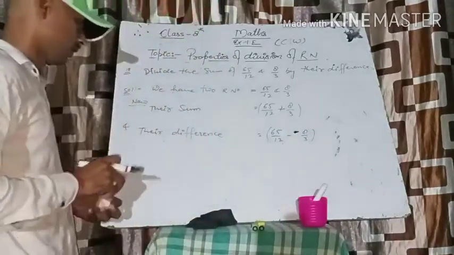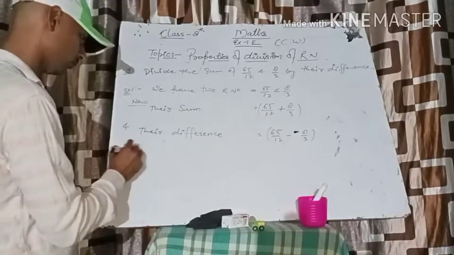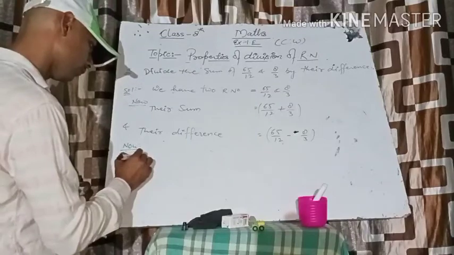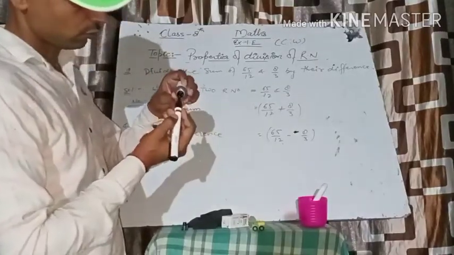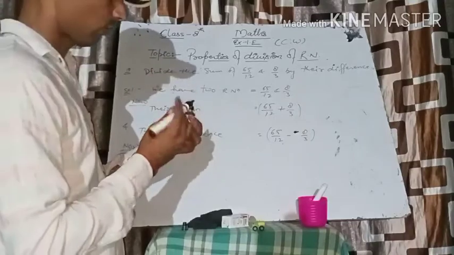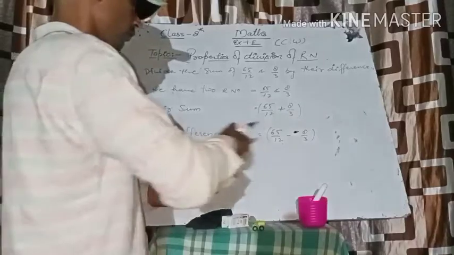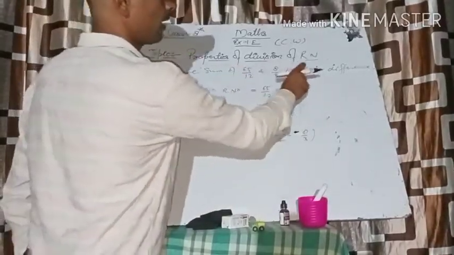Now according to the question, what was the statement? Divide the sum of this and this by their difference.